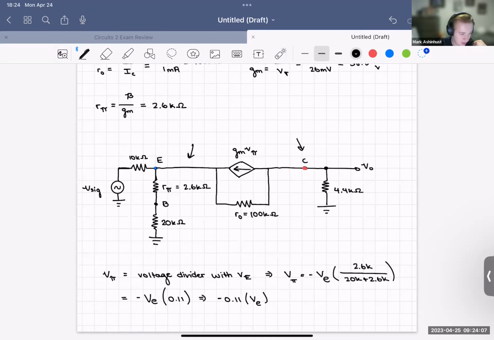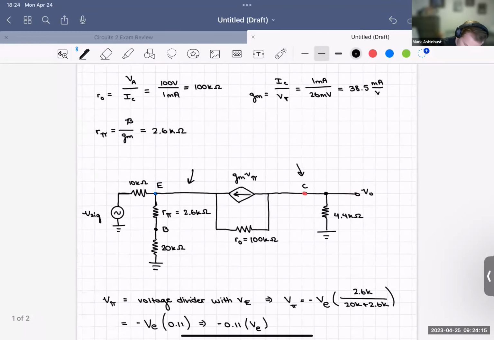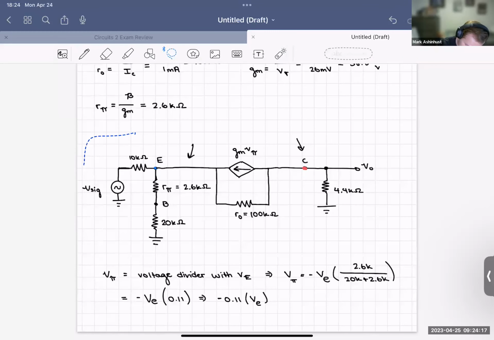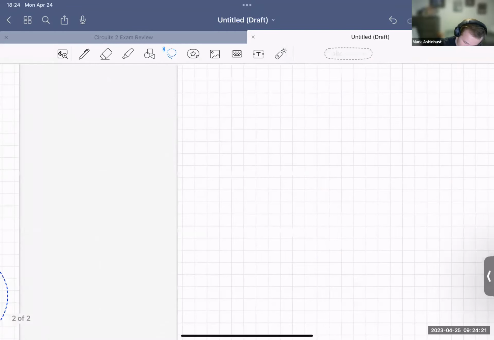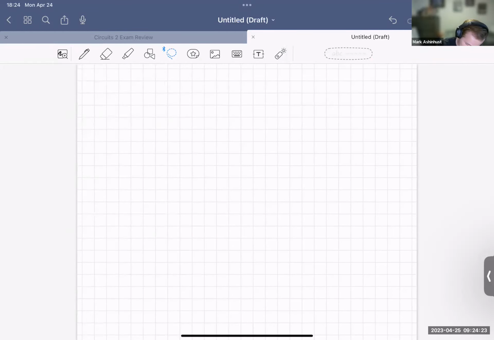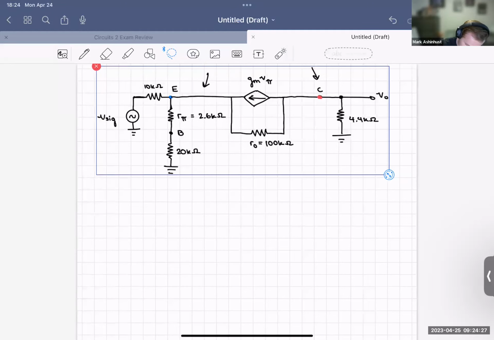Now we want an equation for V out. Let me copy this so we can see it on this side as we continue.